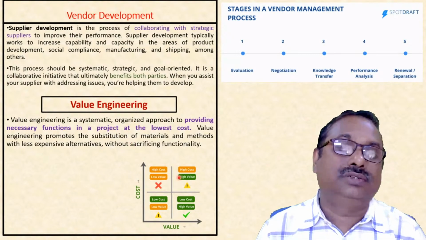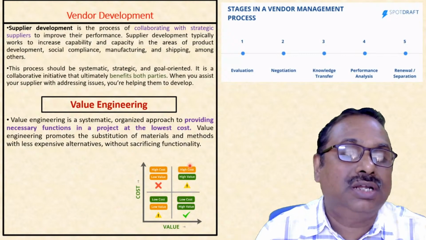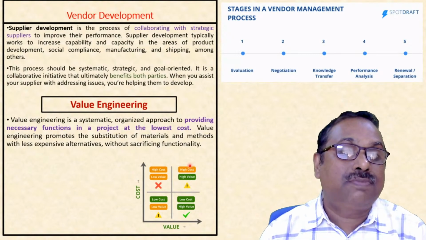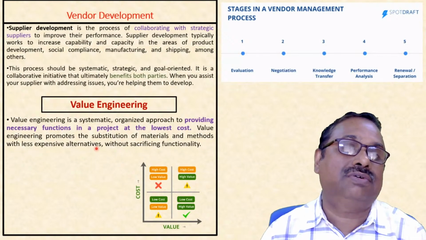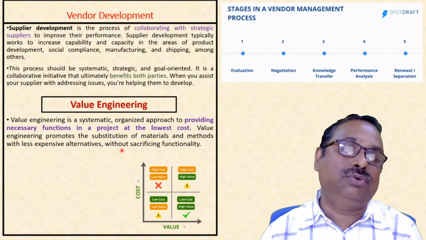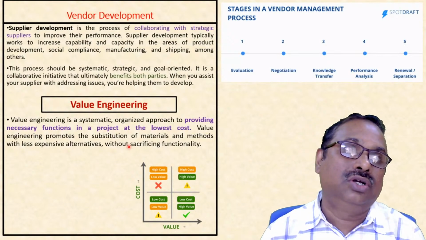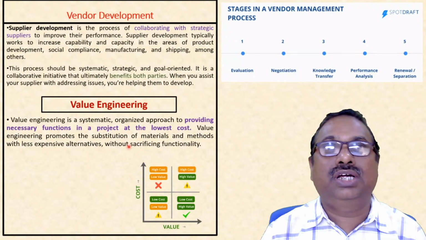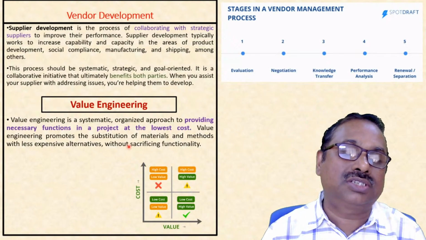Next is value engineering. Value engineering means providing necessary functions in a project at the lowest cost. It promotes the substitution of materials and methods with less expensive alternatives. So always you look for improvement with respect to material, whether you can use substitute material or not, and improvement with respect to process, whether you can improve the efficiency or effectiveness of the process or not.